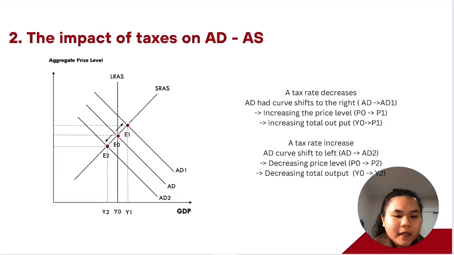The impact of tax on aggregate supply and demand will be covered in this slide. We typically refer to something as an income tax if the government has the ability to affect how much disposable income a household has by raising or lowering tax rates.